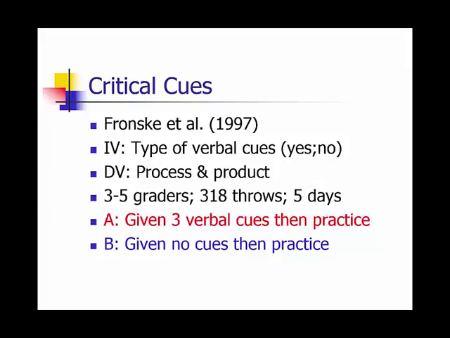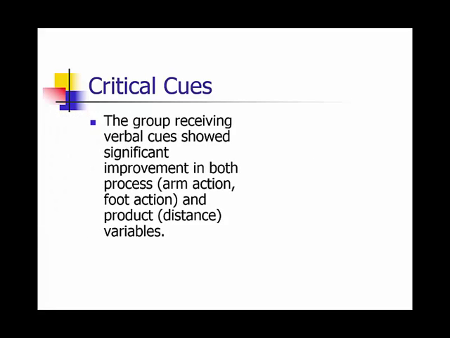The foot action component reflected the greatest improvement, which in turn resulted in an improved throwing distance. So they found that breaking the skill down into these cues and providing the cues to the subjects led to greater technique and greater distance, which again is more support for the argument of teaching skills and breaking skills down into cues, presenting those cues to children and giving them feedback and helping to teach them to move from stage to stage.